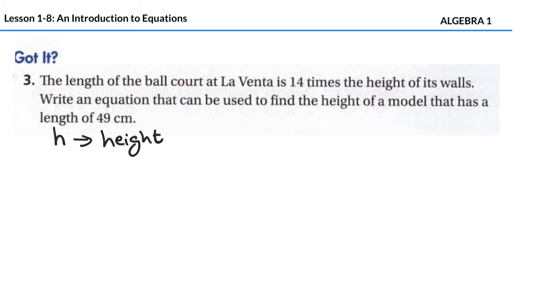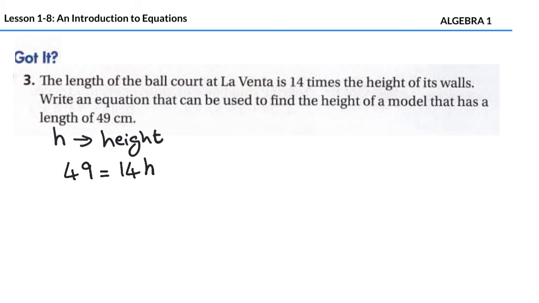The question says the length can be represented as an equality. The length is 14 times its height, and the value of the length given is 49 centimeters. So 49 is equal to 14 times h.